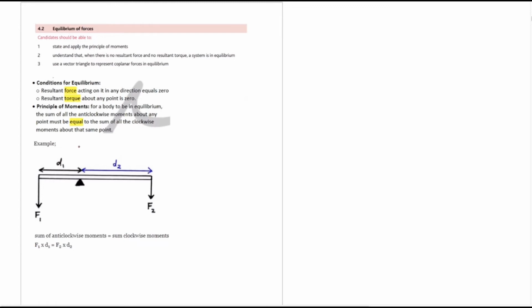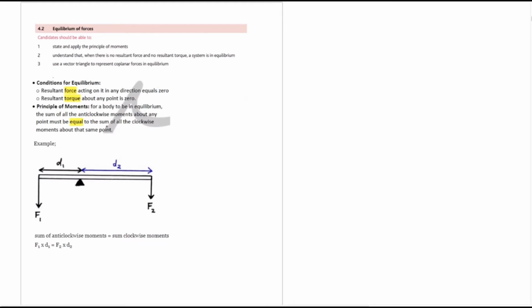We will have example soon. We move on first. Second point. Principle of moments. For a body to be in equilibrium, the sum of all the anti-clockwise moments about any point must be equal to the sum of all the clockwise moments about the same point.